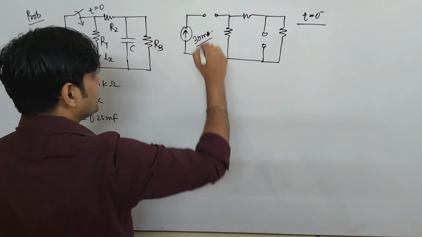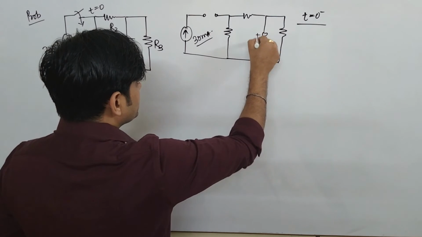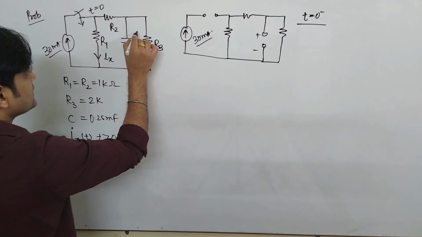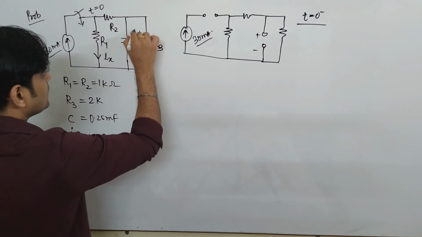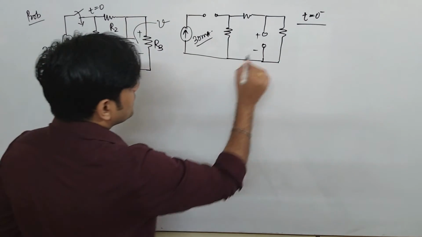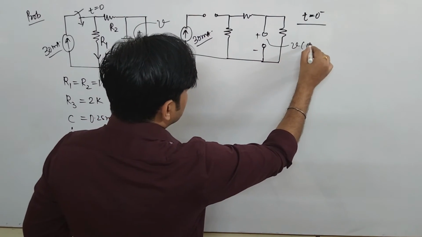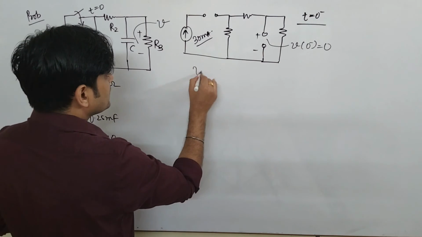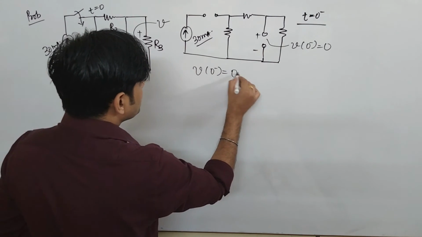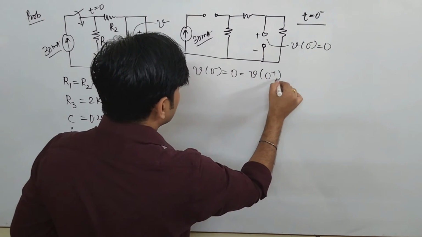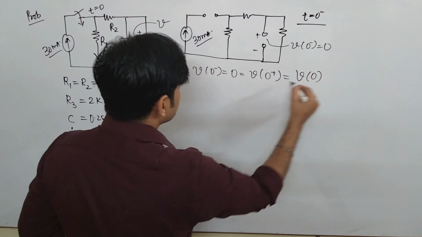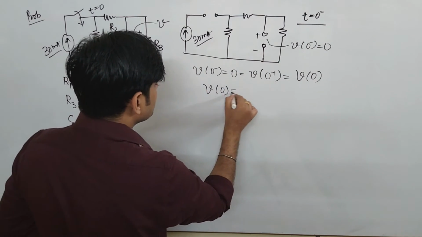Why? Because the switch is open. So whatever the voltage, let some voltage appear here, I am considering V. So the value of V0 negative is 0, that is equal to V0 positive, and that is equal to V0. So from here the value of initial voltage V0 is 0.